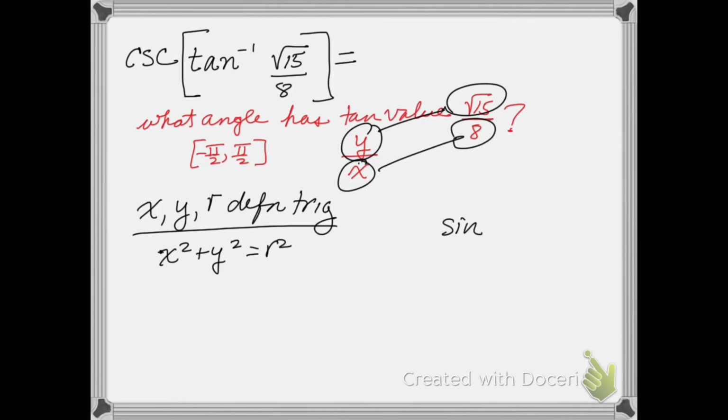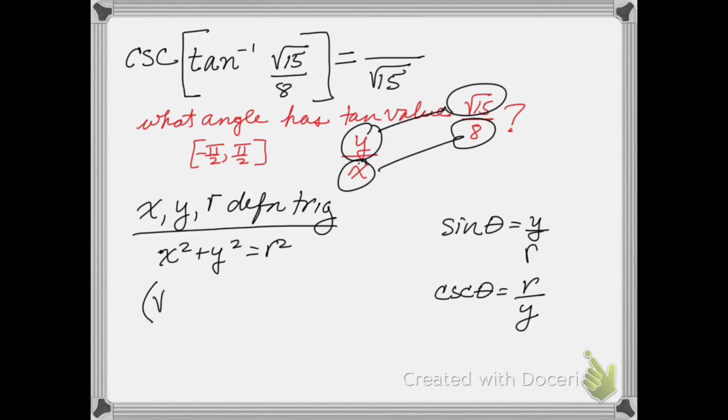I know that sine of theta is y over r, so that means that cosecant of theta is r over y, because cosecant is the reciprocal of sine. Now look up here. I know y. Y is rad 15. Can you see that? So what do I need? I need r. I don't have r right now. I have x and y, but I can find r easily enough.